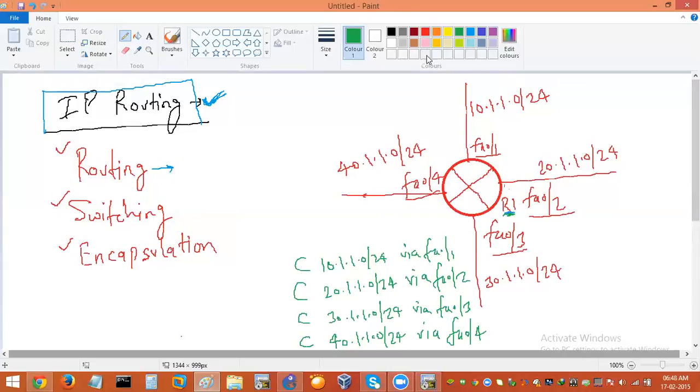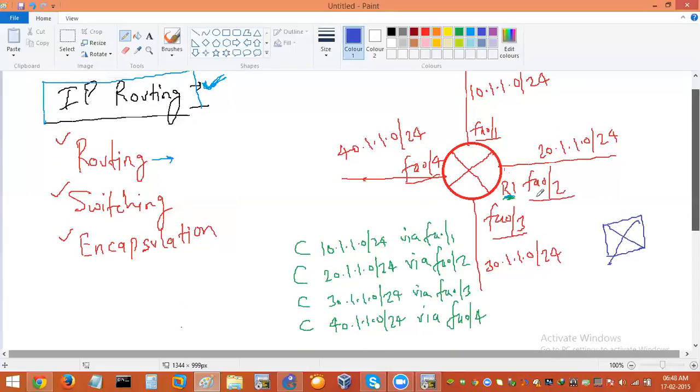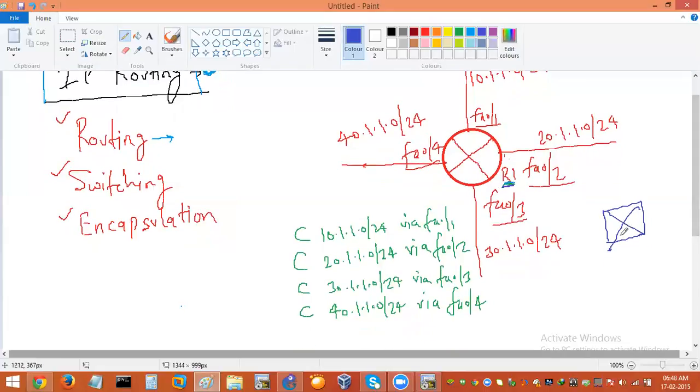Now, guys, as I told you, whenever a packet comes to this router, let's say a packet is coming to R1, router number 1, and the packet has a source IP address of 20.1.1.100 and a destination IP address of 10.1.1.52.